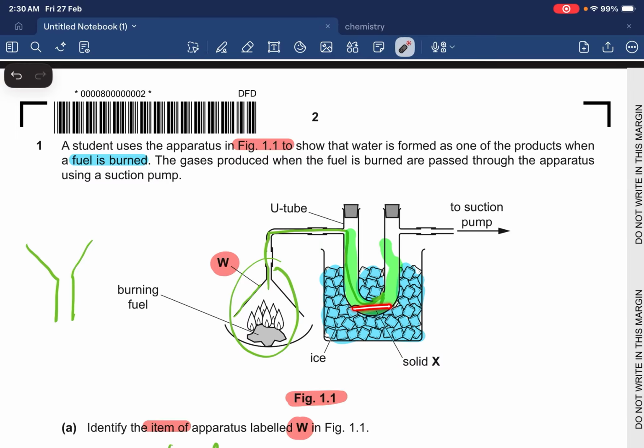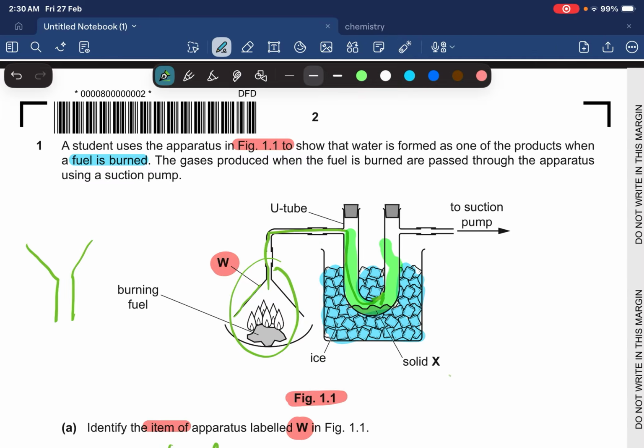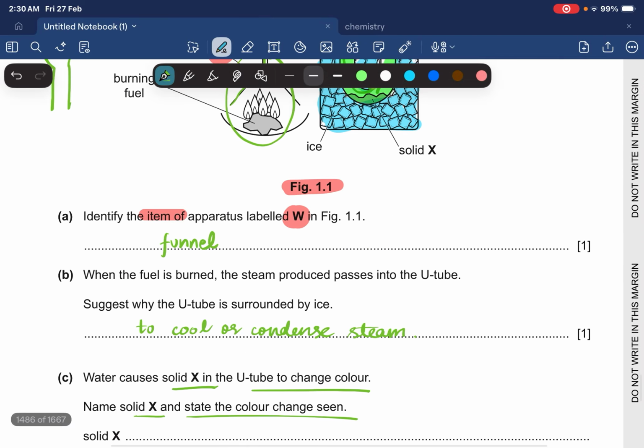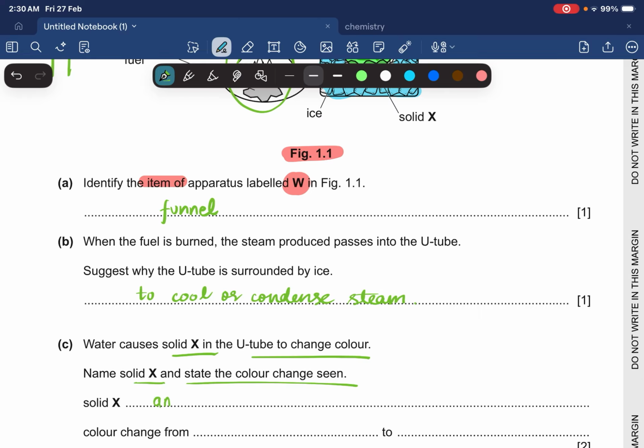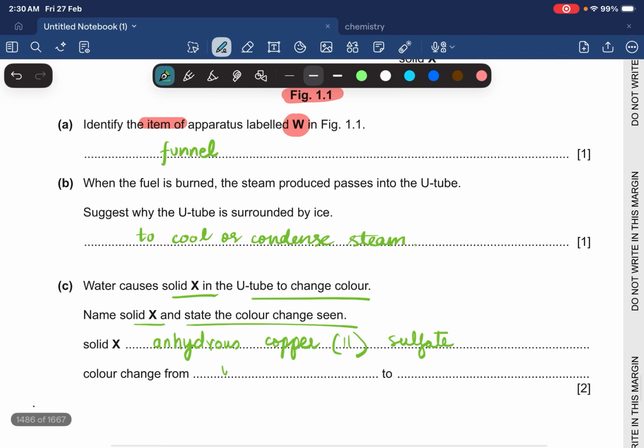We've only studied 2 salts in the IGCSE syllabus that change color, right? Salt number 1 is anhydrous, not hydrous, because hydrous is going to have a different color. So the salt can be anhydrous copper 2 sulfate, this 2 is important, which changes color from white to blue.